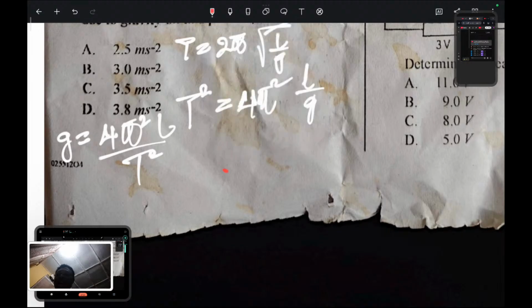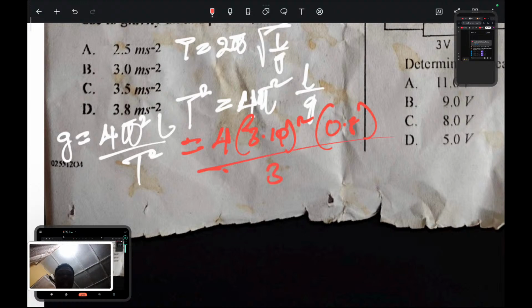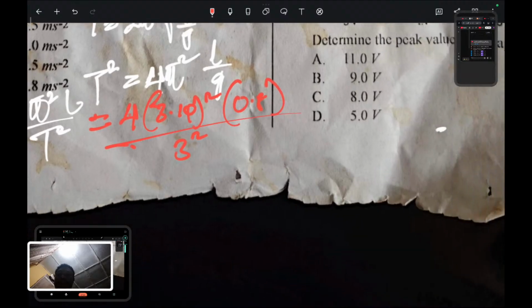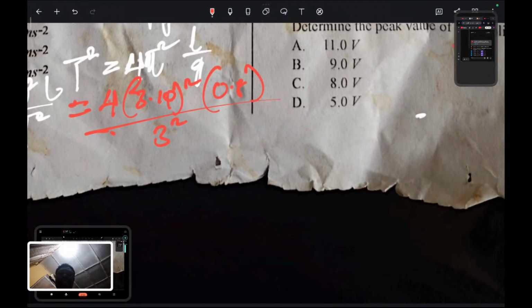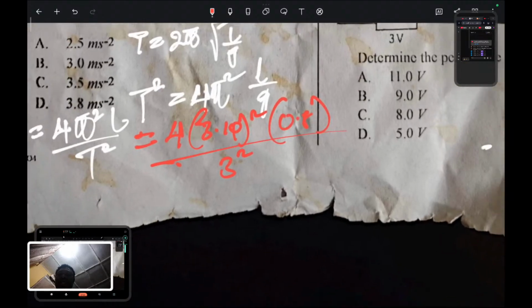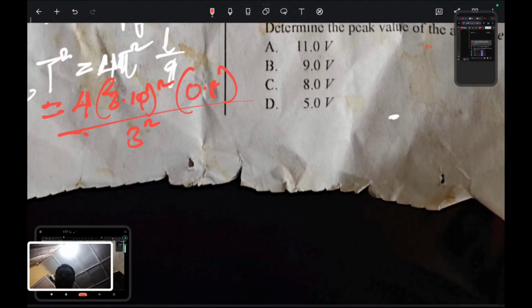So with this, we can now solve by substituting, so that we'll have 4 into 3.14 squared into 0.8, all divided by 3 squared. If you use your calculator, you'll see that 3.14 squared gives us 9.8596.